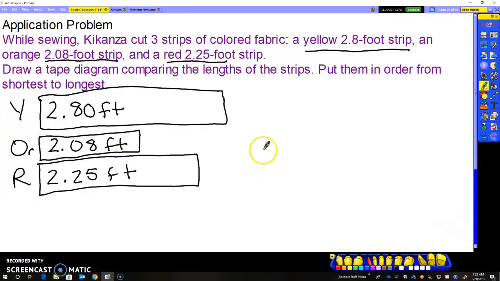Okay, so putting them in order from shortest to longest would be our orange, then our red, and then our longest is yellow.